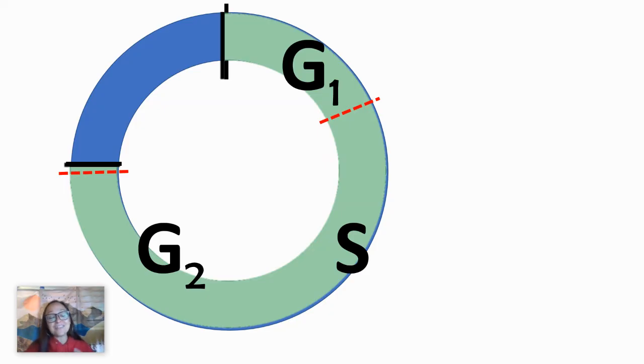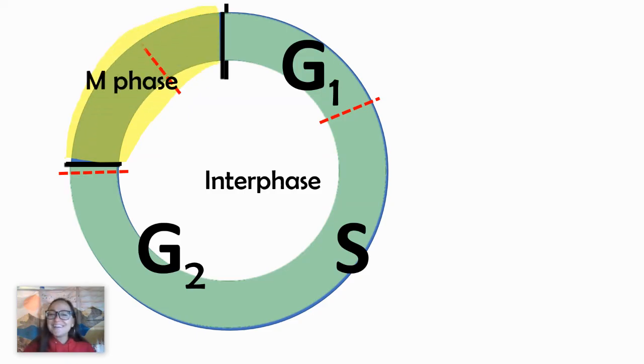We also have the G2 checkpoint to make sure that all the DNA was replicated in S phase and the cell is ready for mitosis and ready for division in M phase. Okay, so that is interphase, and my next video will be mitosis, which is M phase. So good job. Oh, M phase also has a checkpoint, you notice. Okay, good.